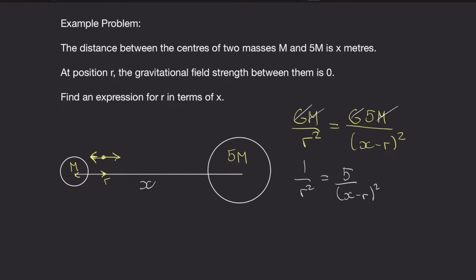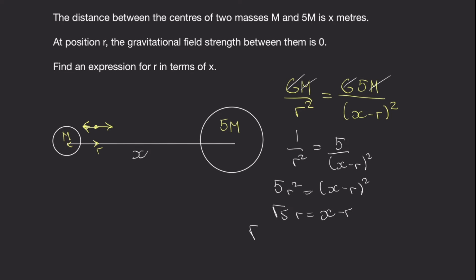Let's do a little bit of cross multiplication. So I'm going to go 5r squared is equal to (x minus r) squared. Now we can probably square root everything. So we're going to get root 5 r will be equal to x minus r.